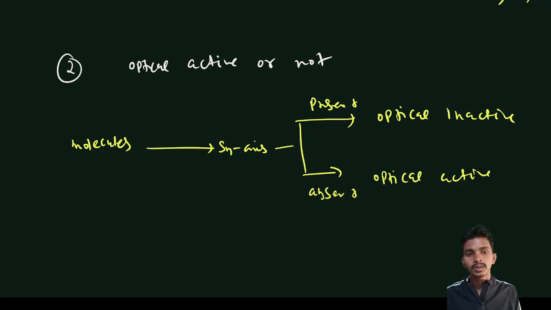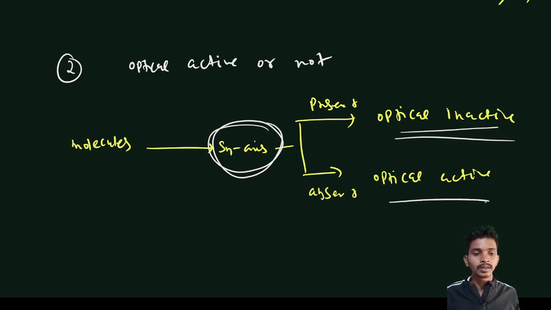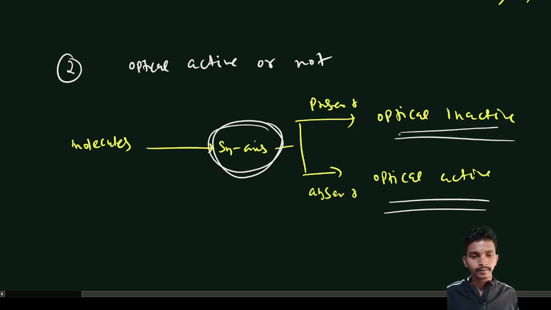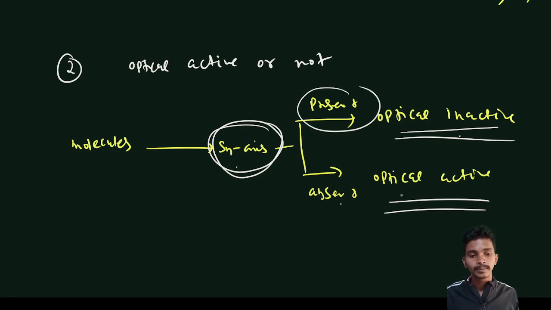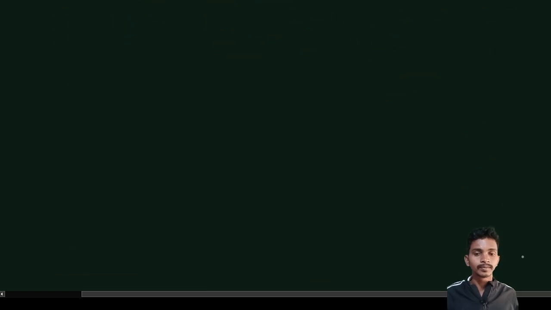So only one thing, the Sn axis: if present, optical inactive; if absent, optical active.